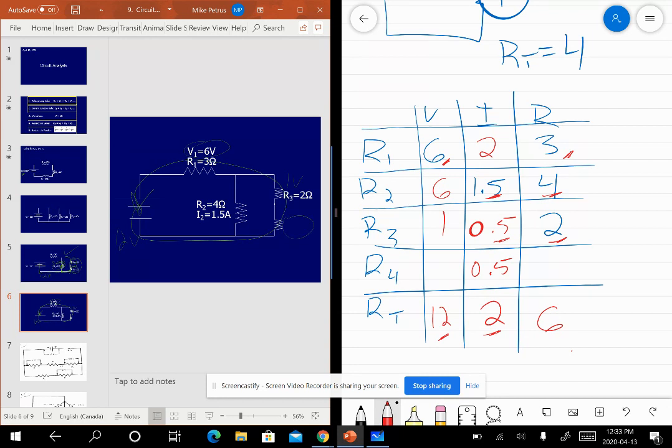So how many volts drop at this unknown resistor, at that unlabeled R4? It's got to be 5, because 5 plus 1 plus 6 equals that 12 volt gain. V divided by R, 5 divided by 0.5 is 10, I believe. You can use your calculator and correct me if I'm wrong on that one. That is how you solve that one.